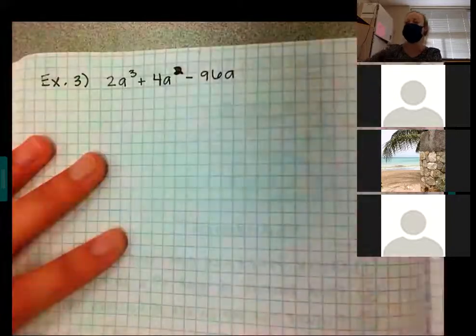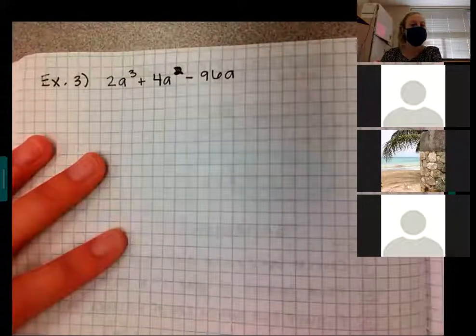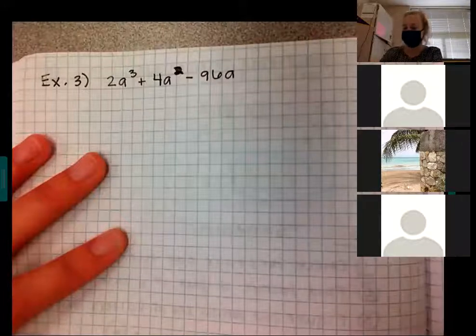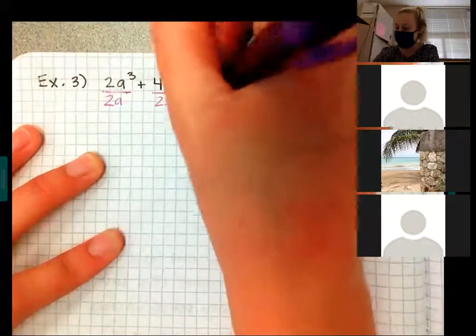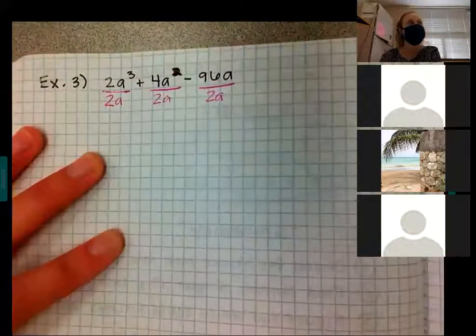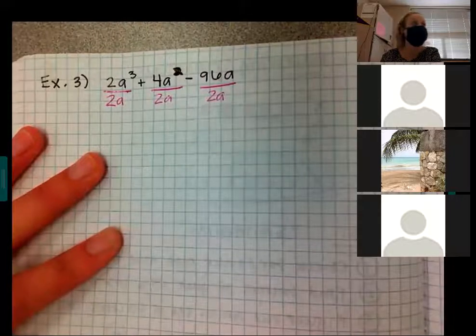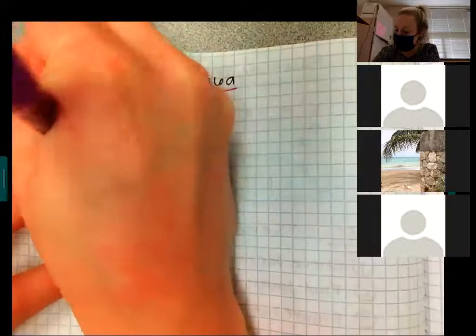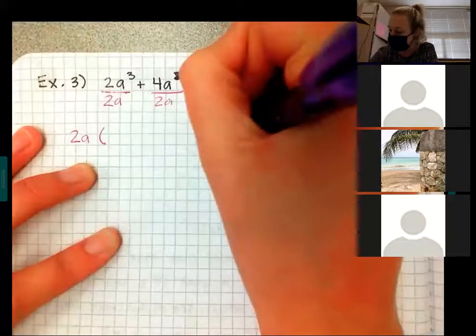What is my GCF here? 2 what? There we go. Good job. 2A can come out of all 3 of these terms. That's why on Friday and Monday, I was like, y'all got to know how to do a GCF, okay? So when I take out 2A, what are we left with on the inside?